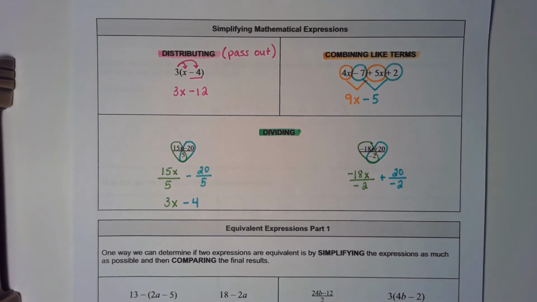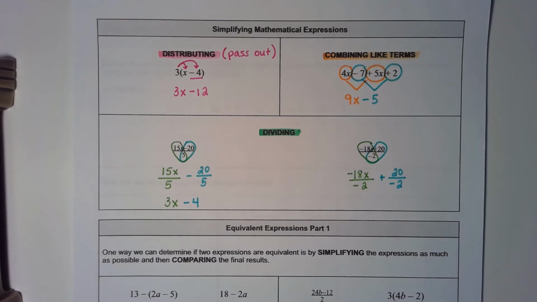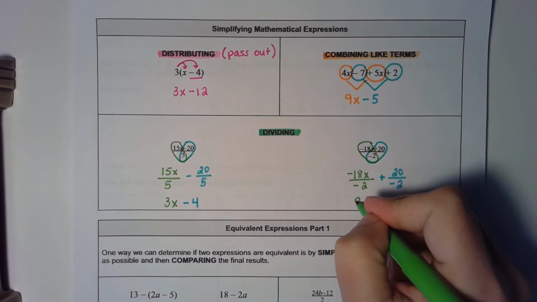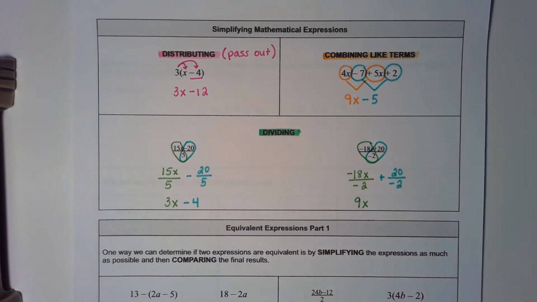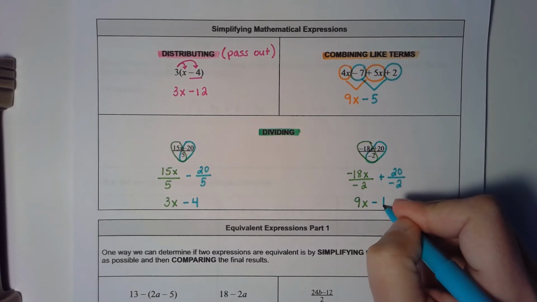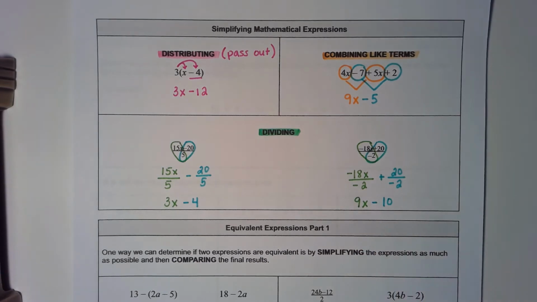Now I'm going to simplify each of these division problems separately. So -18 divided by -2 is going to make positive 9x, because when we divide a negative and another negative, we get a positive. Then if I do 20 divided by -2, I get -10. So instead of putting a plus here, I'm going to put minus because my answer is -10.